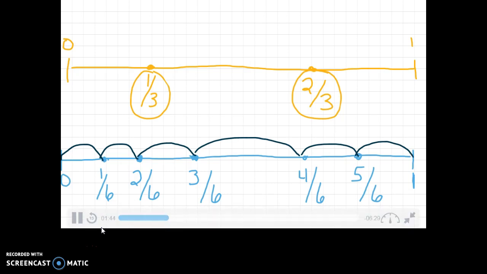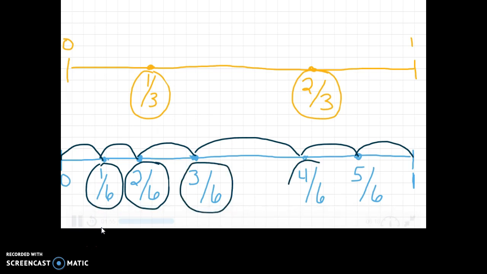So that lets me know that my denominator is 6. And I labeled each point on my number line as 1/6, 2/6, 3/6, 4/6, and 5/6.